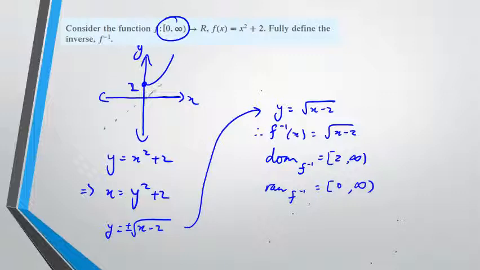If you need to picture it, it's swapped around where 2 is there, and it goes that way.